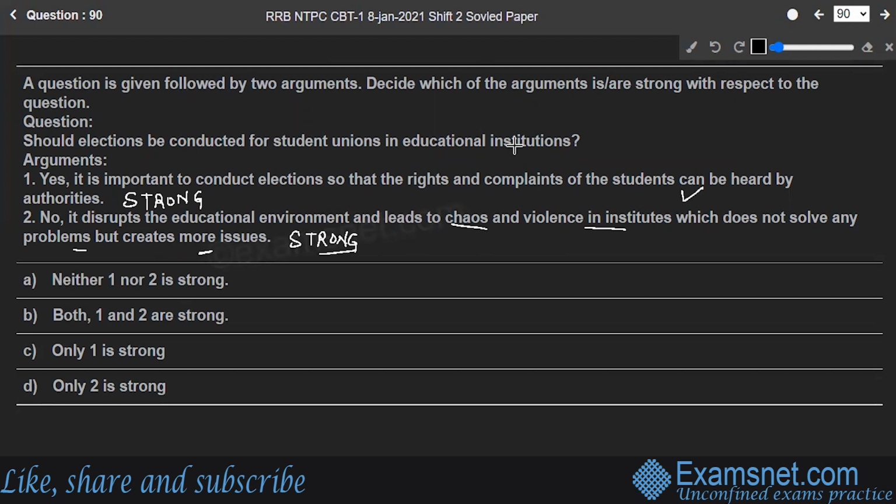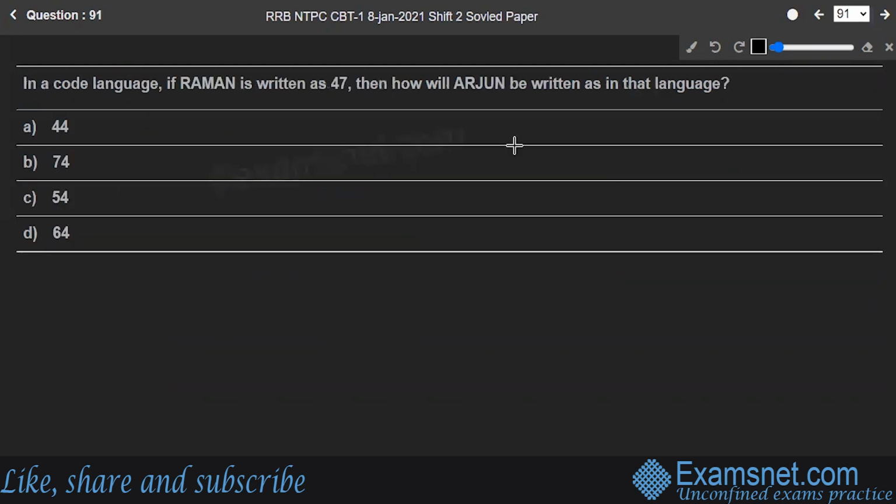And even the first one is strong as it gives a proper reason to conduct elections in the educational systems. So both are strong from their own point of view. That means both 1 and 2 are strong. So we have option B as the answer to this question. Next, move to the next question, number 91.